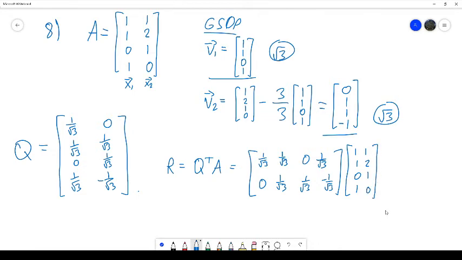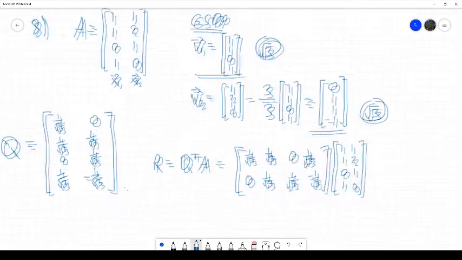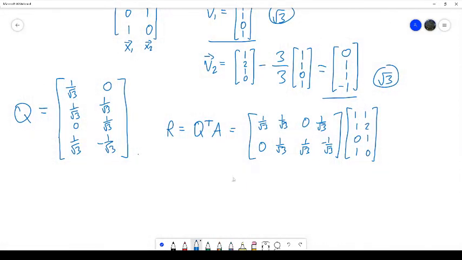Okay, and this should be pretty quick because we are just going to end up with a 2 by 2 matrix.